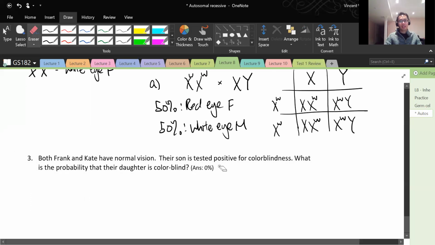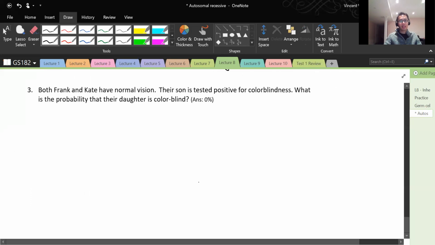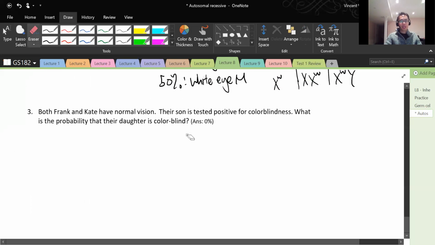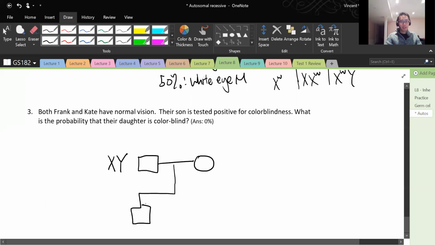Their son is tested positive for color blindness. What is the probability that their daughter is colorblind? Okay, so we have Frank here and Kate. Okay, they both have normal vision. So that means Frank is going to be XY, right? And then they have a son and a daughter.